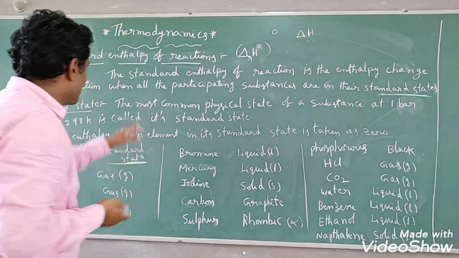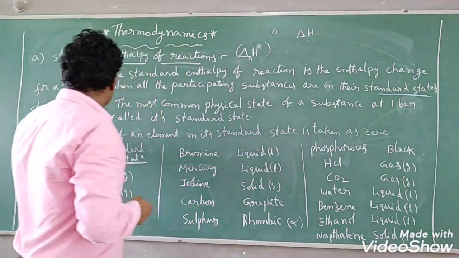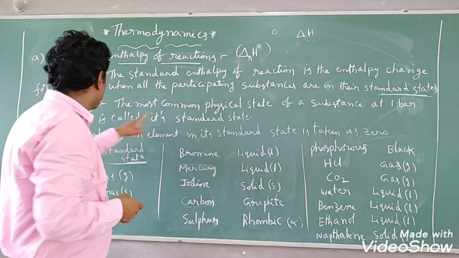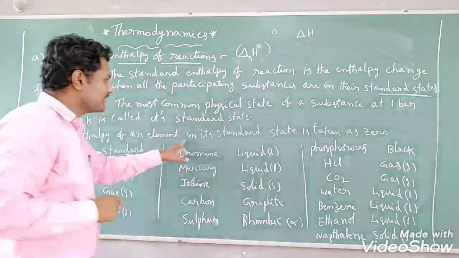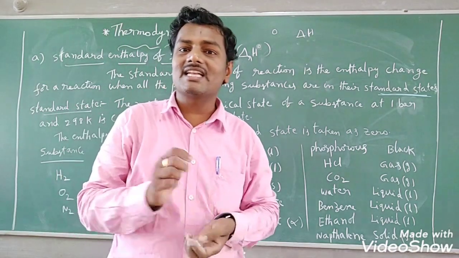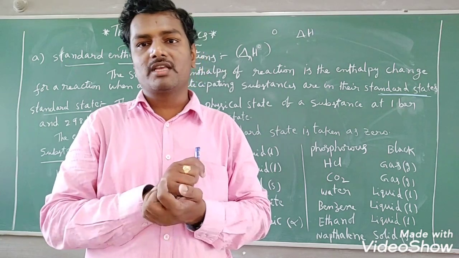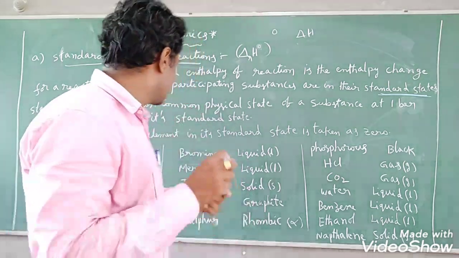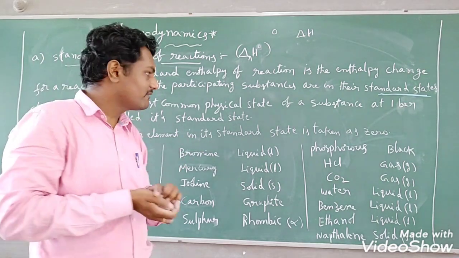So the most common physical state of a substance at 1 bar and 298 Kelvin is called the standard state. The enthalpy of an element in its standard state is generally taken as 0. Experimentally they have proved this. The enthalpy of an element in its standard state they have taken as what?